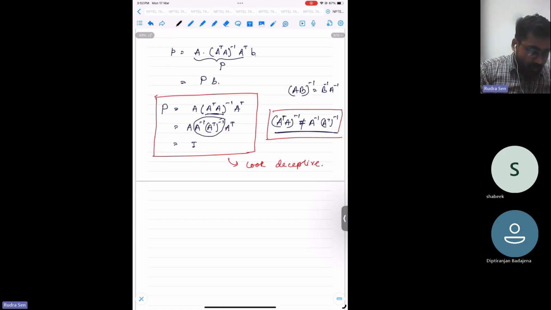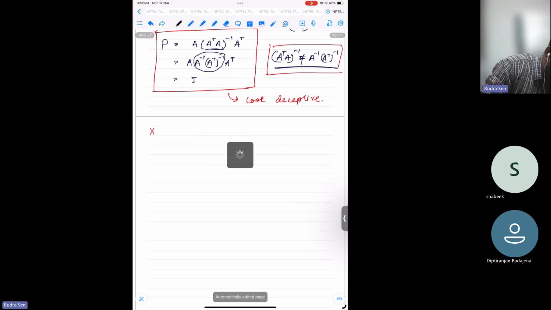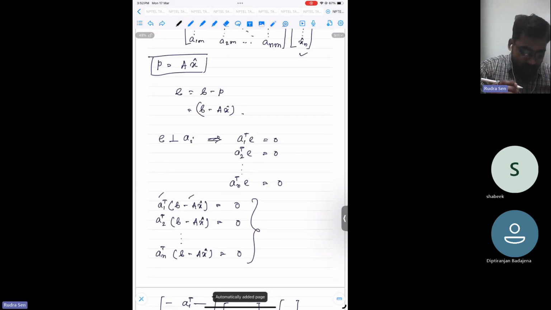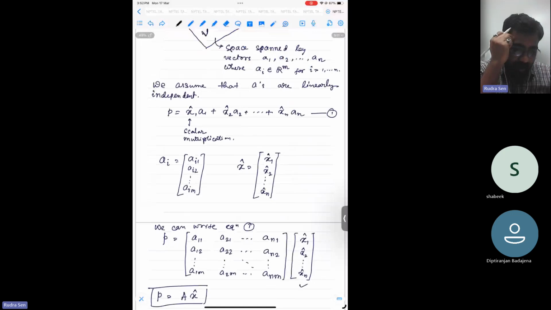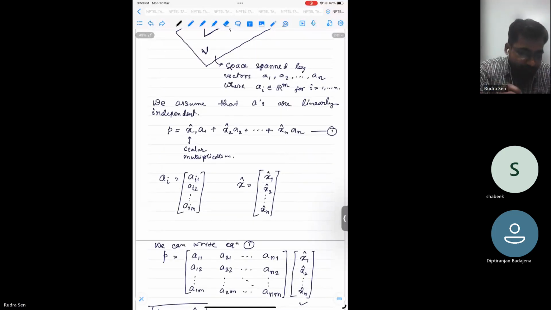Now let's do one example from here. Can you tell me, I have said that there are n vectors, and each vector consists of m elements. Obviously m and n are both defined numbers. Also, I have said that all the Ai are linearly independent.